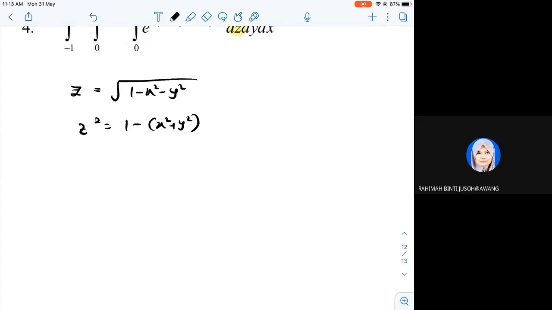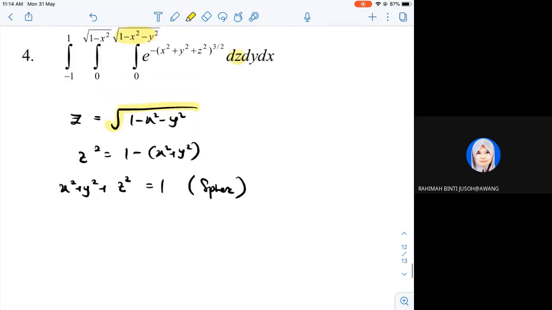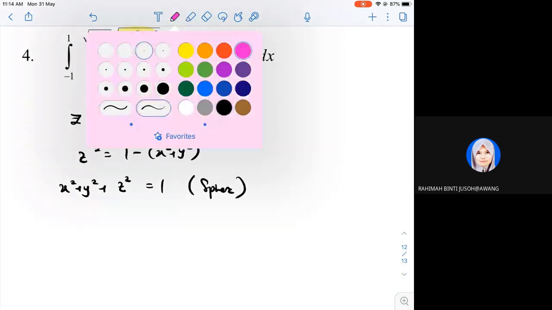If we rearrange the position of the variables, we will have x squared plus y squared plus z squared equals to 1. So we know that this is a sphere, a complete sphere. However, since the original limit has a square root sign, automatically this becomes a hemisphere.